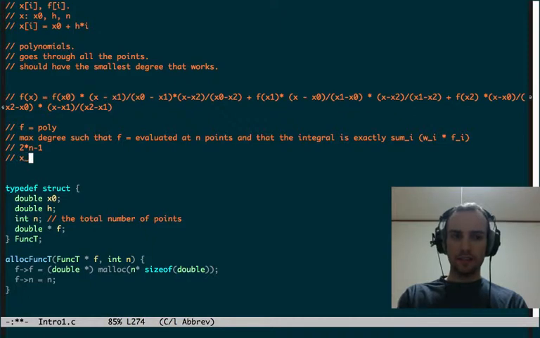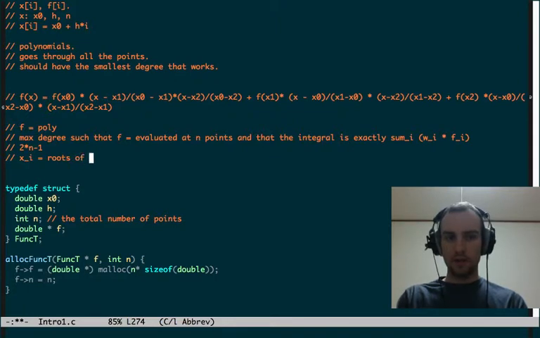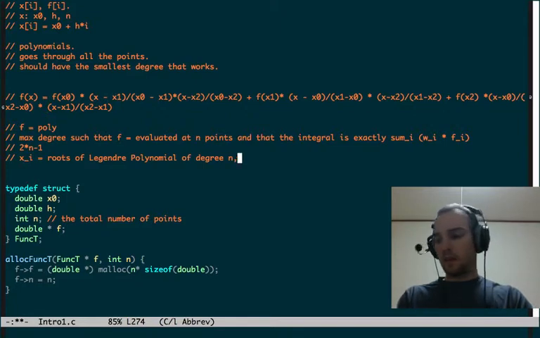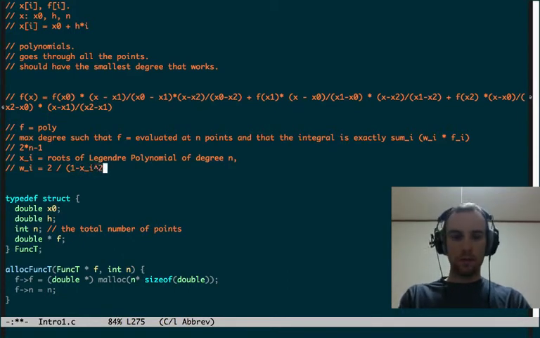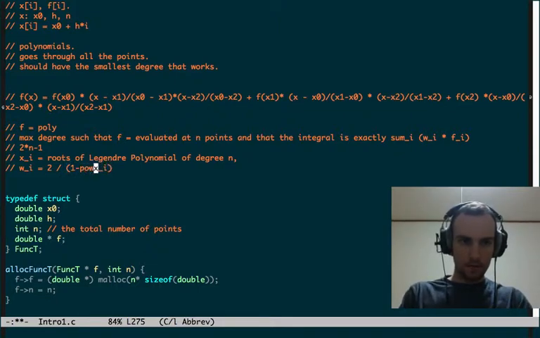If you use the x values as the roots of the Legendre polynomial of degree n, okay, and then the weights are equal to 2 over 1 minus xi squared, which is, so I'll just write it like this, okay, let's write it like this.